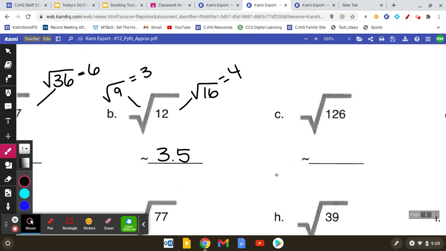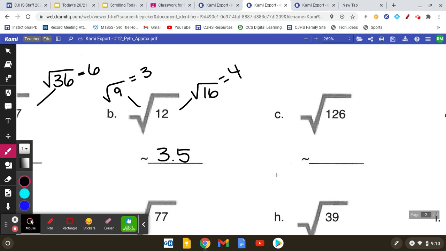Go ahead and put it on your paper. Jocelyn, which 2 did you say this one's in between?